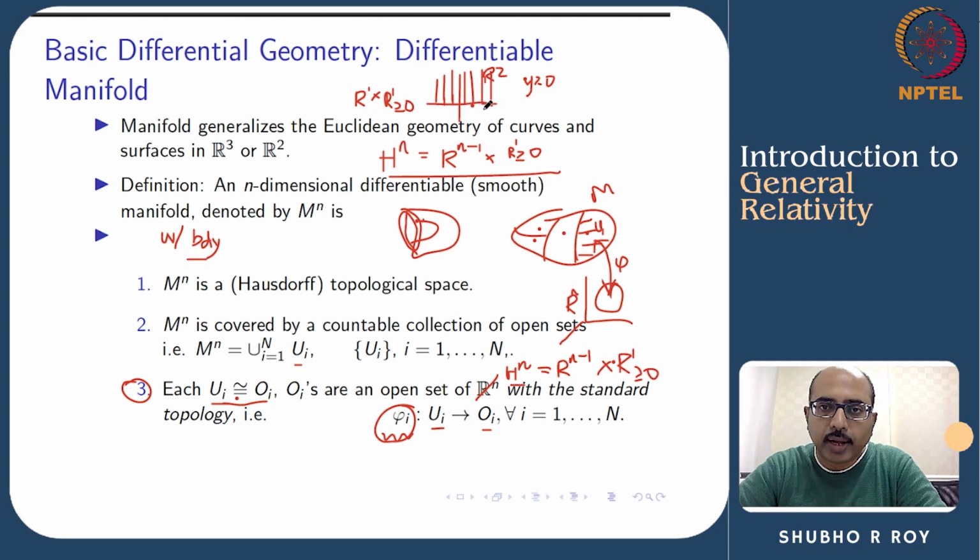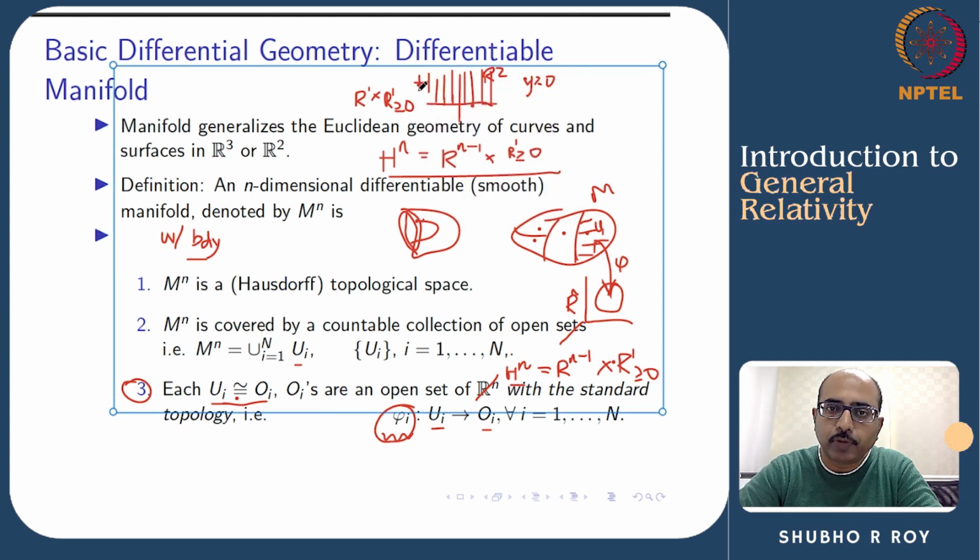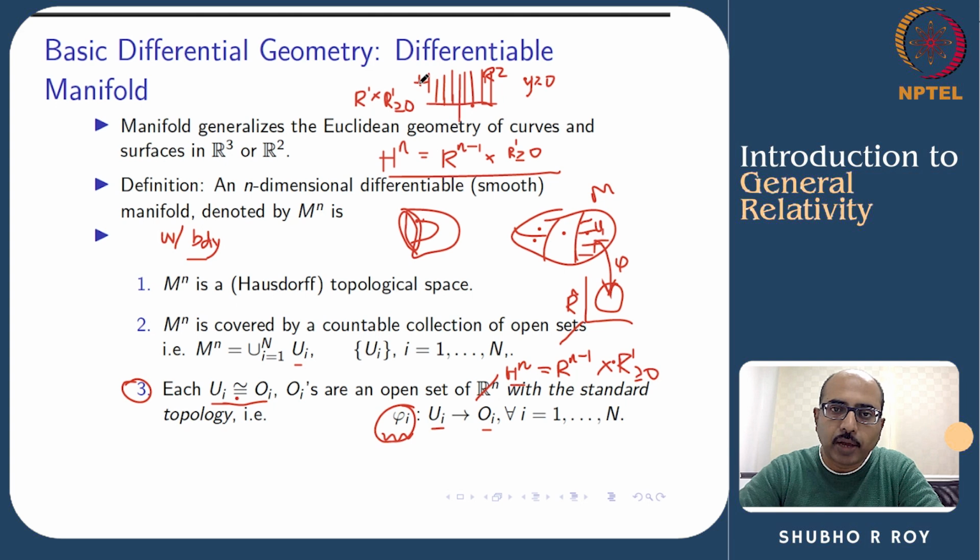Just like H2, so this is H2, the shaded region. H2 is a subset of R2. We can use the induced topology to find out open sets of H2. Okay. I hope people have not forgotten the concept of induced topology or relative topology. If you have some topological space which has some open sets, you can always hook up a topology for a subspace.